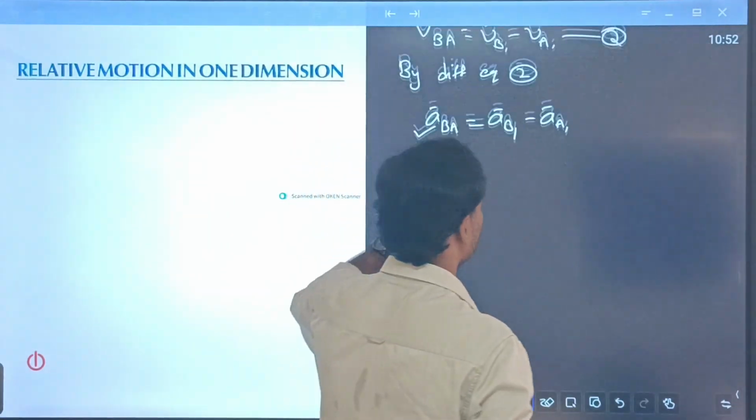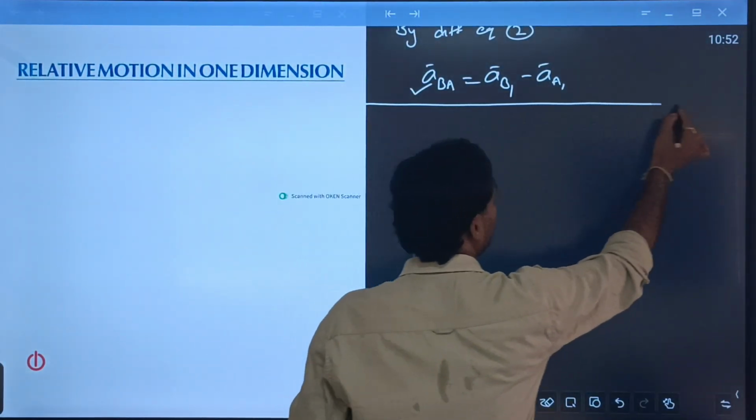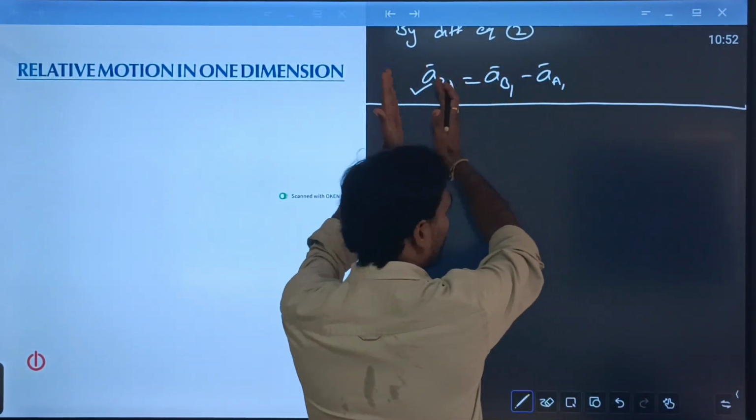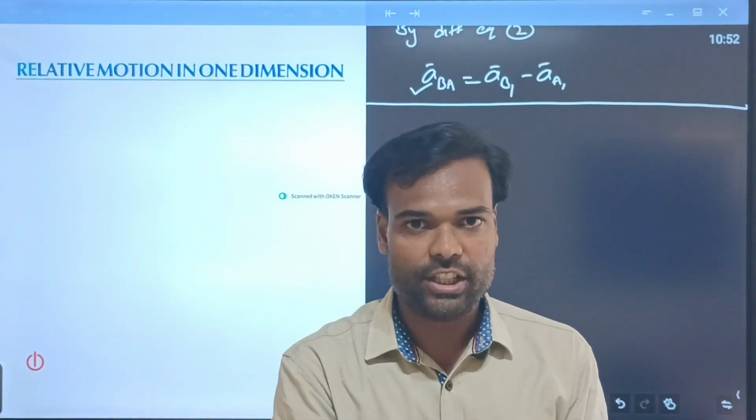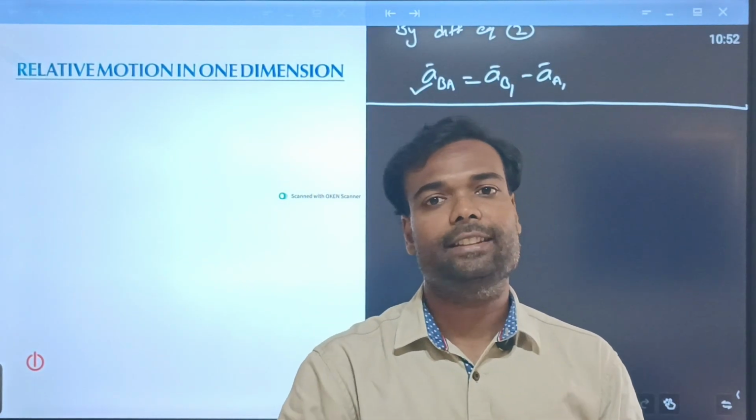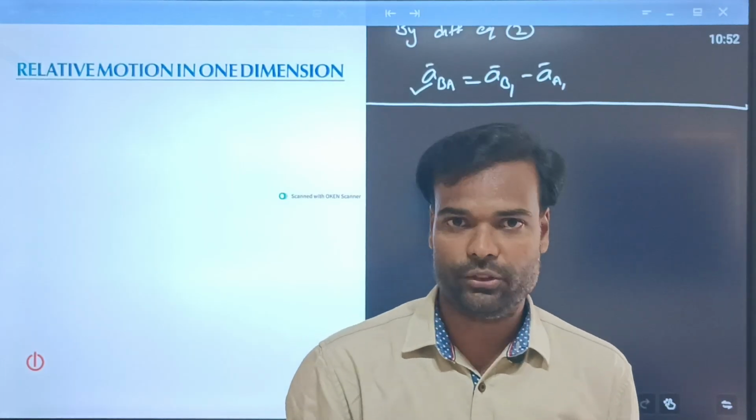Right? Now, can we use this relative representation in our uniformly accelerated motion equations? That is, one is related to the other one. Yes, we can use this.